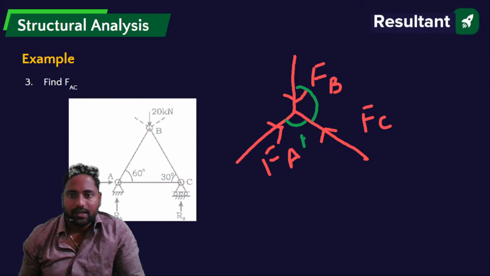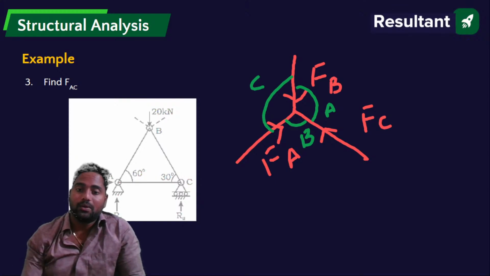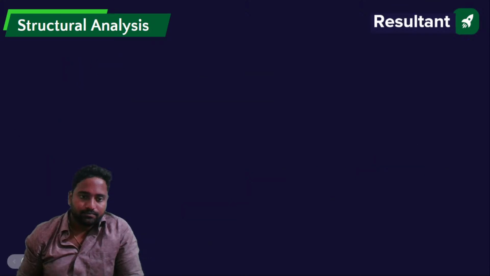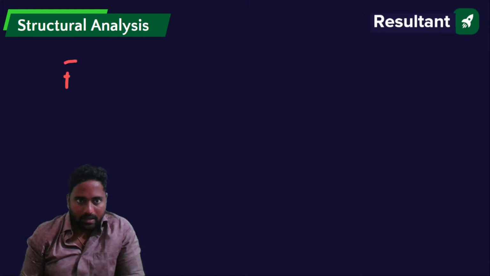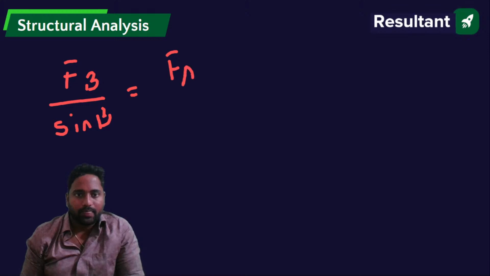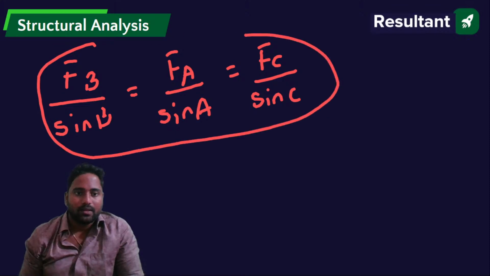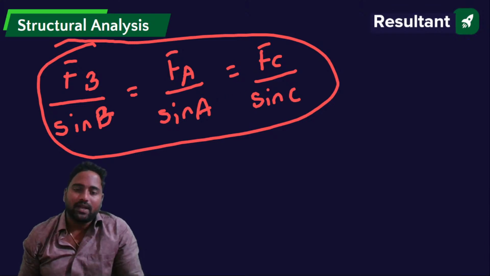If I take this as B, this as A and this as C, by using sine rule, what you can write is FB upon sin B equals to FA upon sin A, that equals to FC upon sin C.